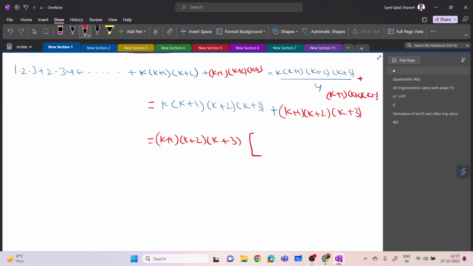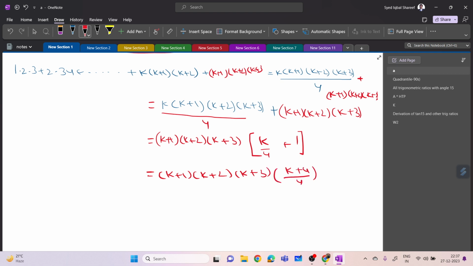Taking the common factor, only k by 4 is left, and just 1 is left from the extra part. So this is k plus 1, k plus 2, k plus 3, k plus 4 by 4.